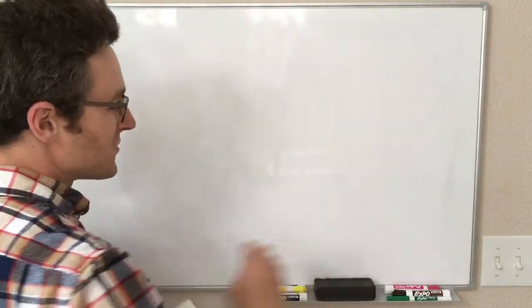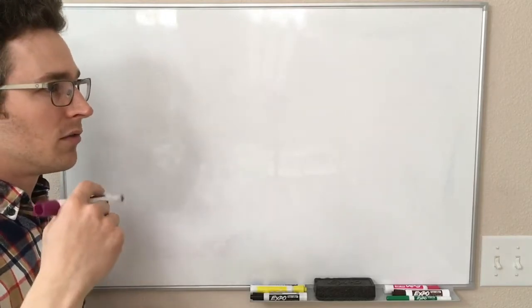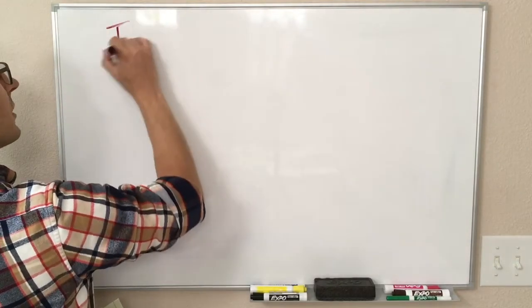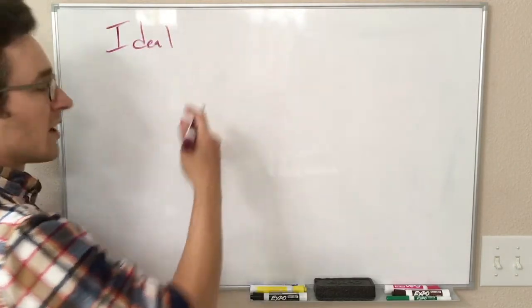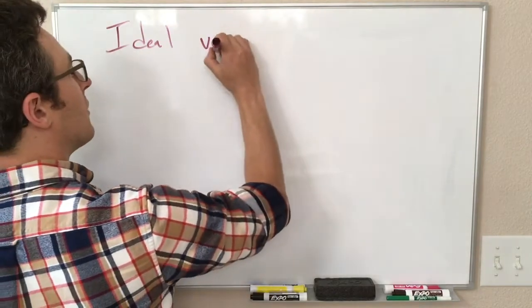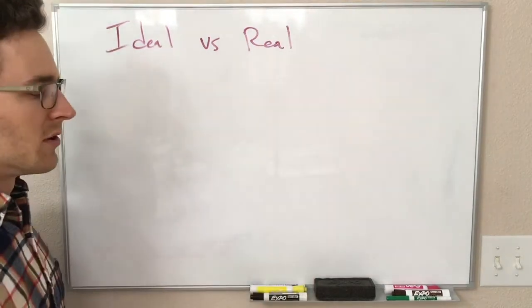Before we get on to solving circuits, there's another thing I want to talk about, and that is the ideal versus real behavior of circuit components. We'll have lots more to say about this as we add more tools to our toolbox. But here's where we'll start.